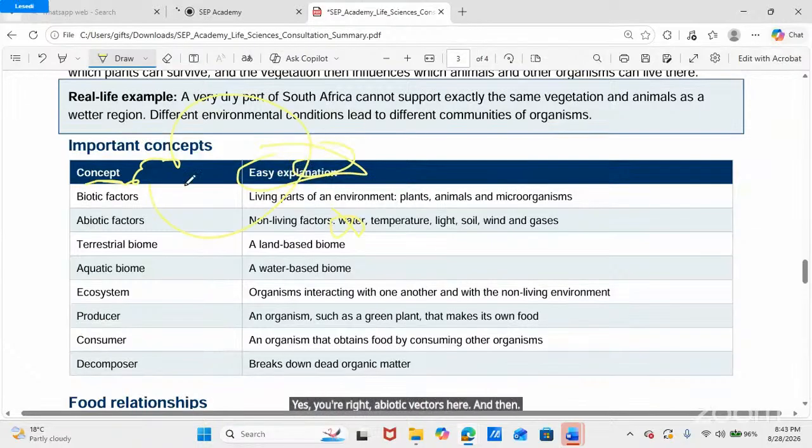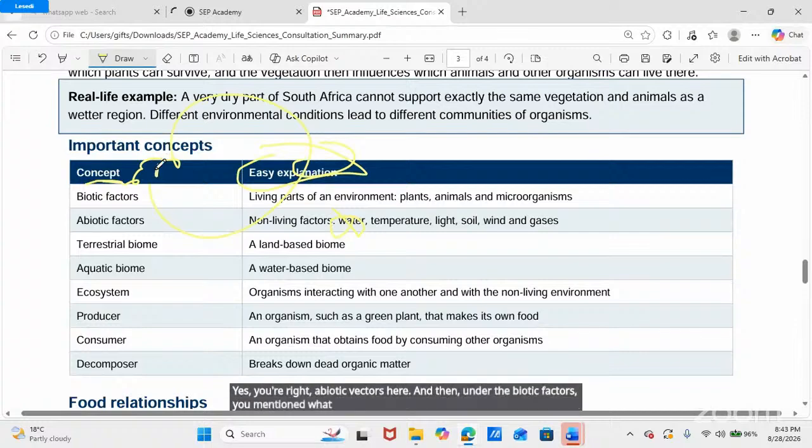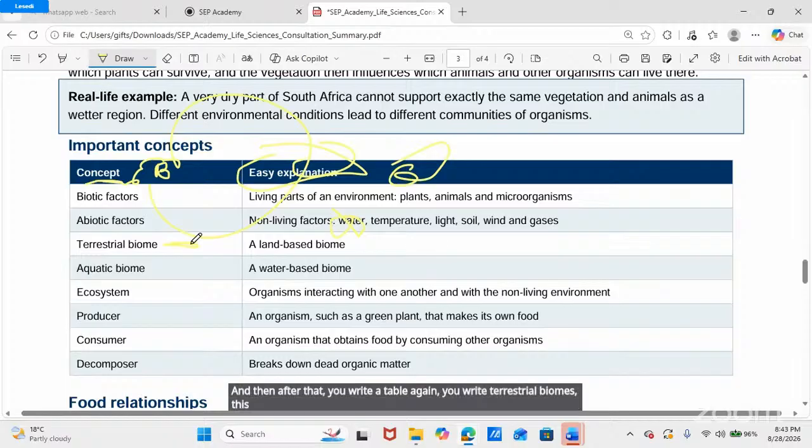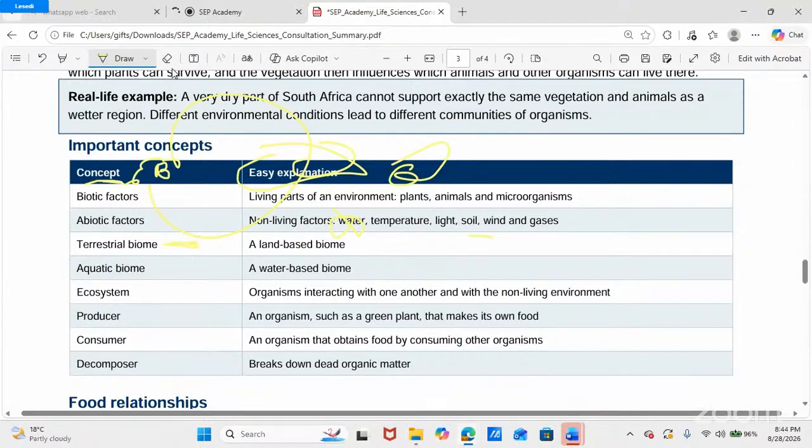Under the biotic factors, you mention what biotic factors means, and then its examples. You do the same with the abiotic factors: you write down the explanation and then its examples. And then after that, you make a table again. You write terrestrial biomes on this side of the concept, and aquatic biomes on this side. And then you write the explanations and the examples.